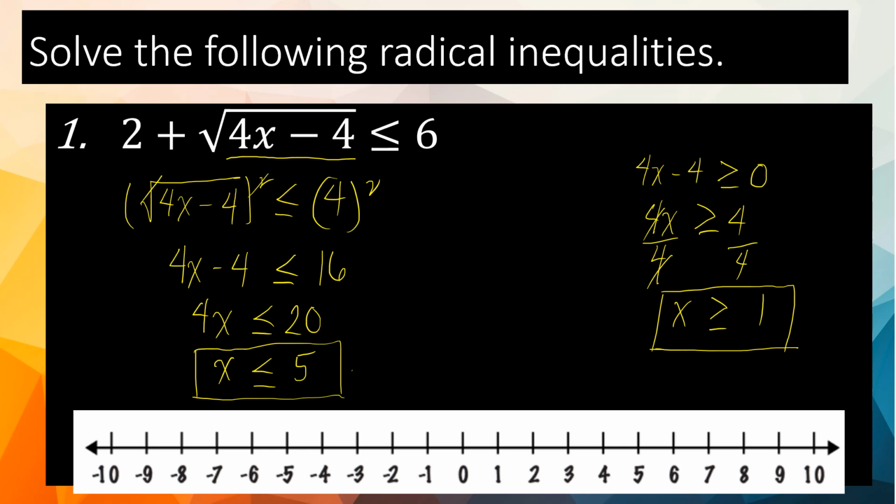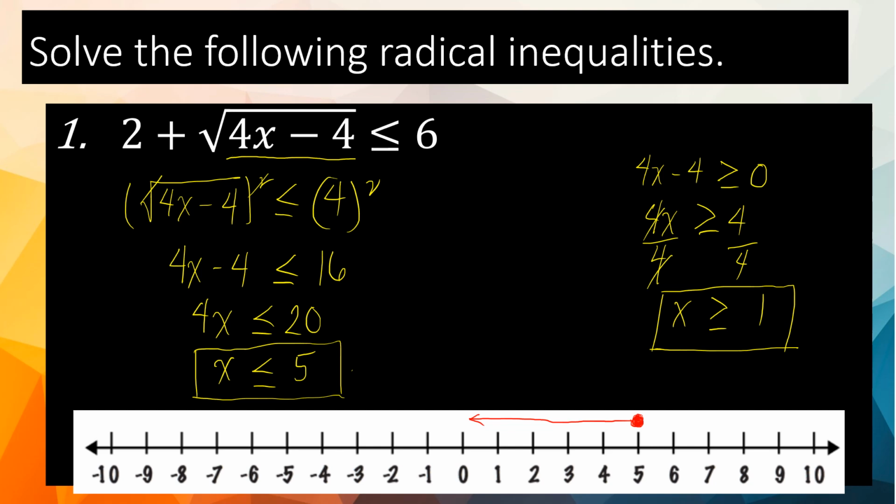on this number line. So let's have x is less than or equal to 5. So let's find 5 here. So this is 5, and it's less than or equal to, so your arrow should be to the left.